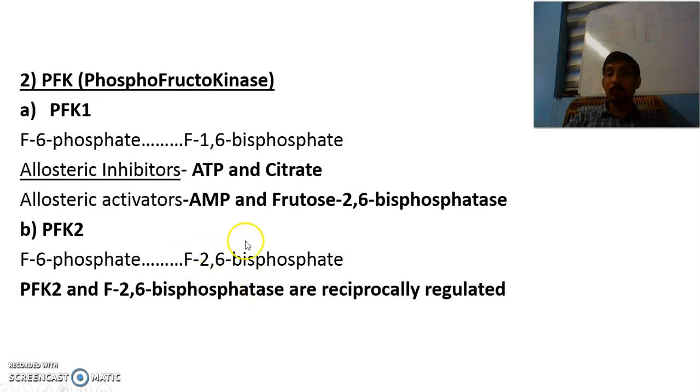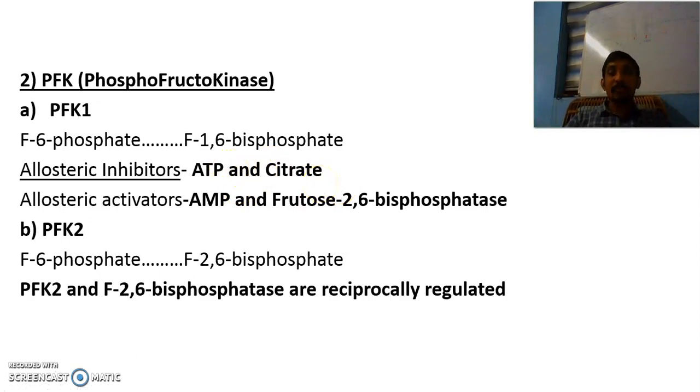During that condition, AMP and fructose 2,6-bisphosphate act as activators of PFK1. They stimulate PFK1, thereby the cell carries out the third step of glycolysis faster than normal. So that one promotes glycolysis, whereas the previous two inhibit glycolysis.